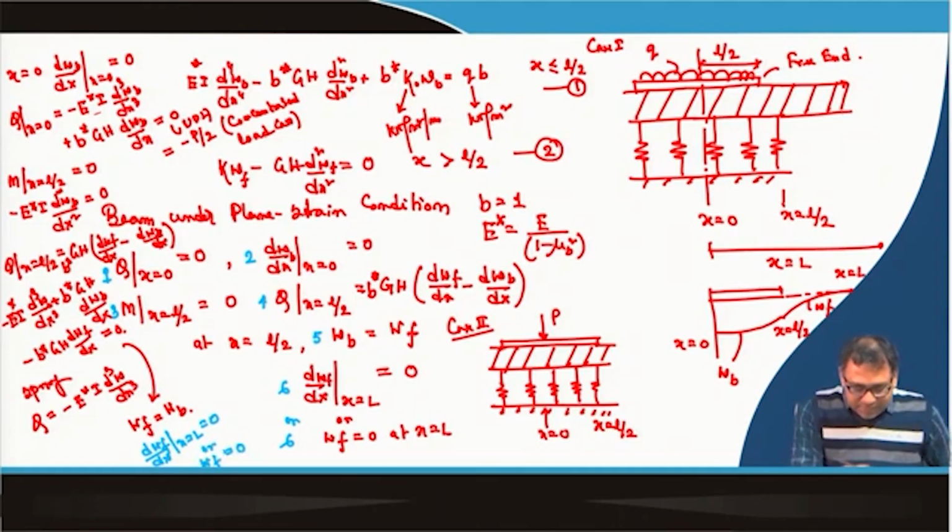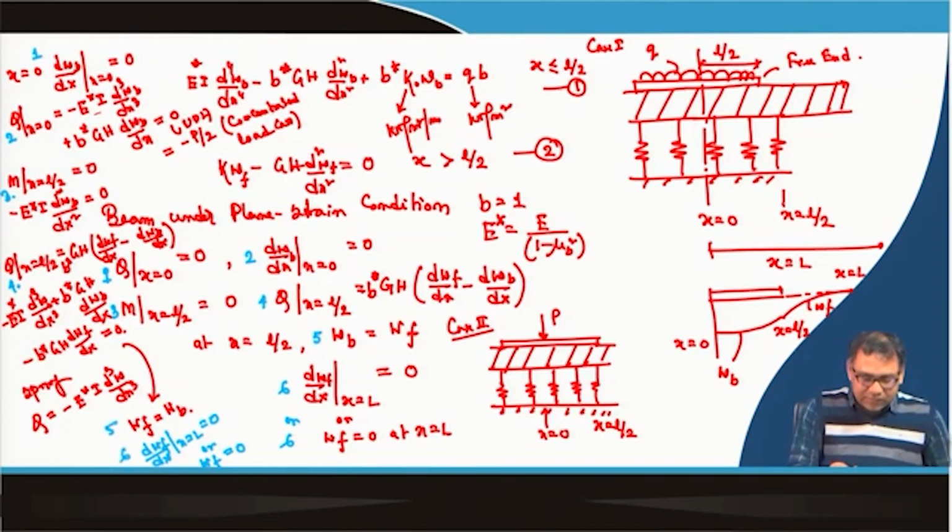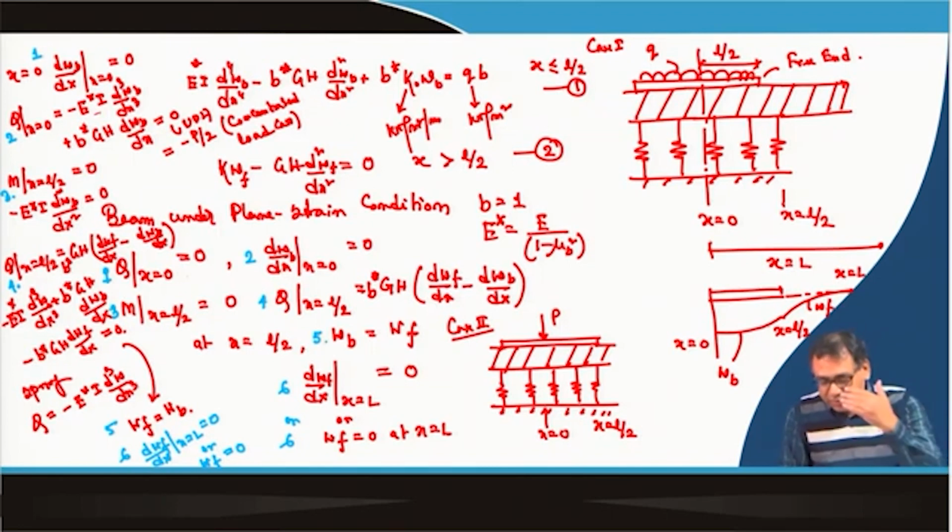So, now for this case, what are the boundary conditions? This is the first, second, third and fourth boundary conditions, and this is the fifth and this is the sixth. So, these are the 6 boundary conditions: 4 for equation number 1 and 2 more for equation number 2.